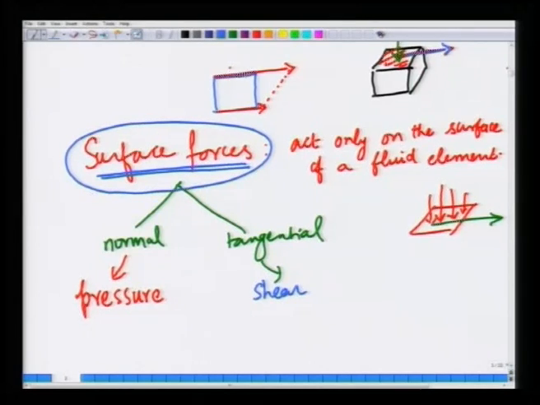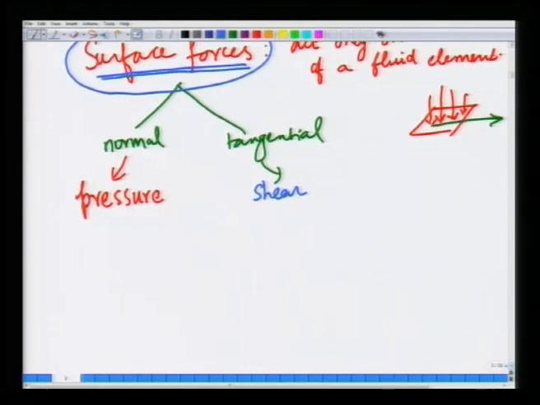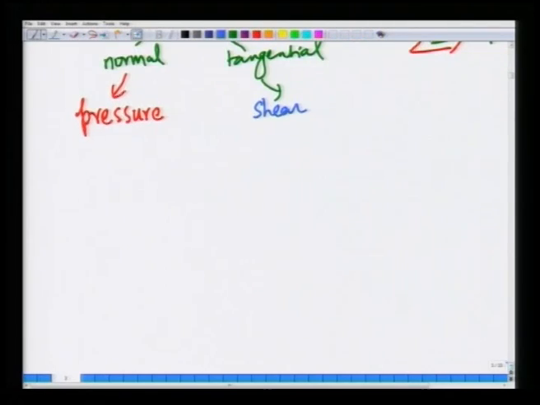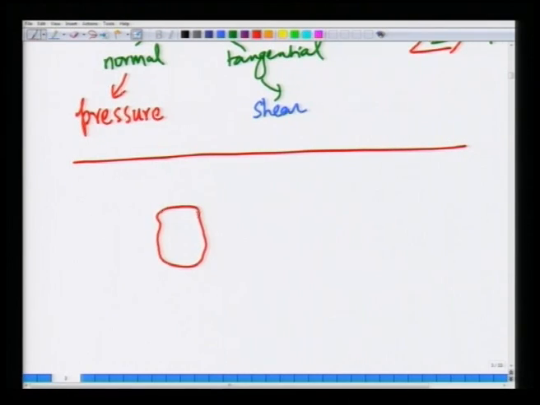Okay. So, this is in the context of a simple example like flow between two plates, but in general you could have a fluid that is flowing in an arbitrary way, and you can construct any arbitrary volume element, and this volume element will have a surface.